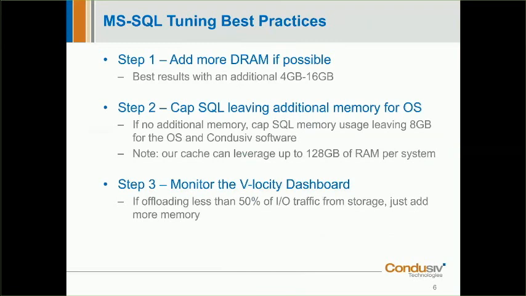Now, at this point, some of you might be thinking, yes, but SQL is already using most of the available memory in the machine. How can you possibly create a RAM cache? And it's true that if SQL is left uncapped, there typically wouldn't be enough RAM for our software to create a cache with.